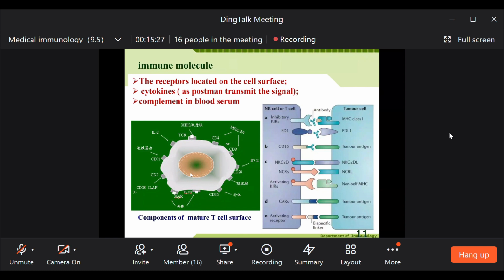So the molecules in immunity are very, very important, because the immune cells have no eyes and no hands. They only have molecules to recognize each other and touch something.